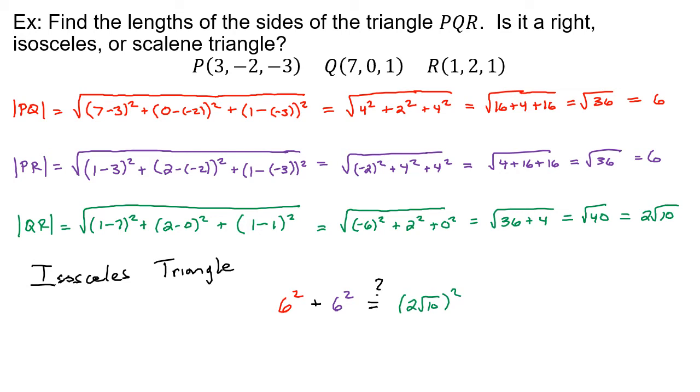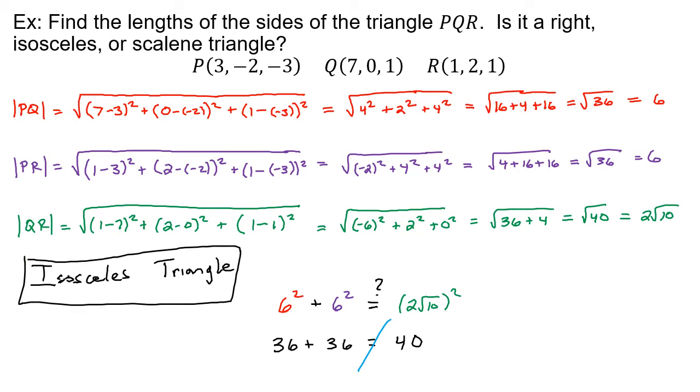Well, 6 squared is 36, and 36. The 2 root 10 squared is the same thing as square root of 40 squared, which is 40. 36 plus 36 is not 40. So it is only isosceles. It is not a right triangle. But it could have been.